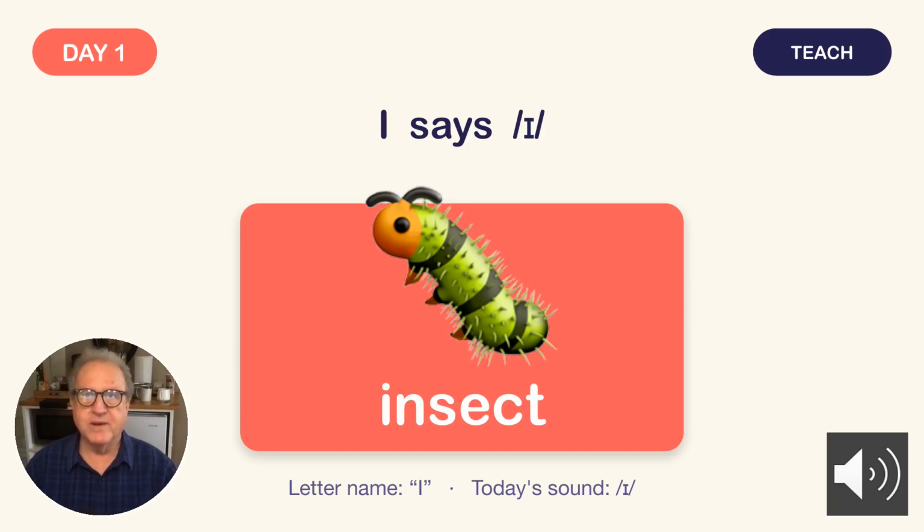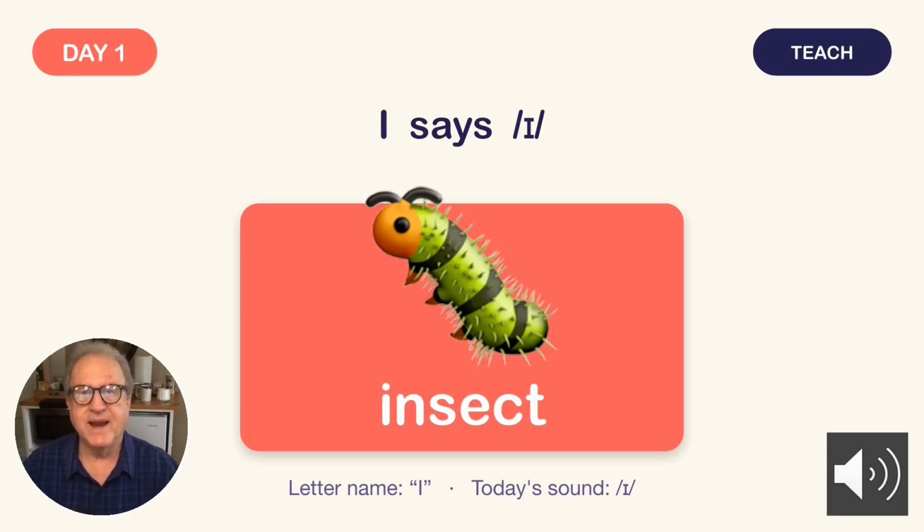This one's hard, but we'll try it. You know what? That's not an insect. I don't think that's an insect. That's a worm. I don't know why they call that an insect, but anyway, this is what they gave us. Does insect start with I? Yes, it does.